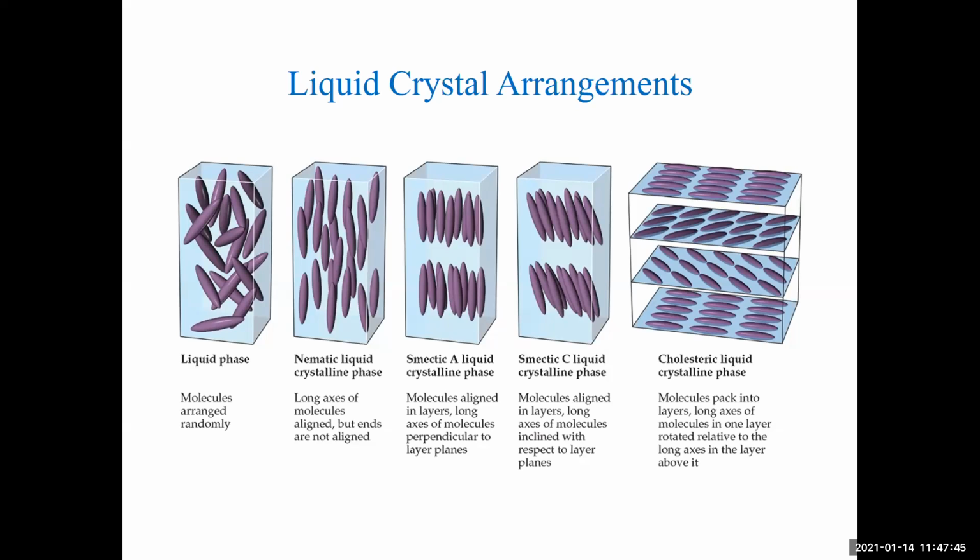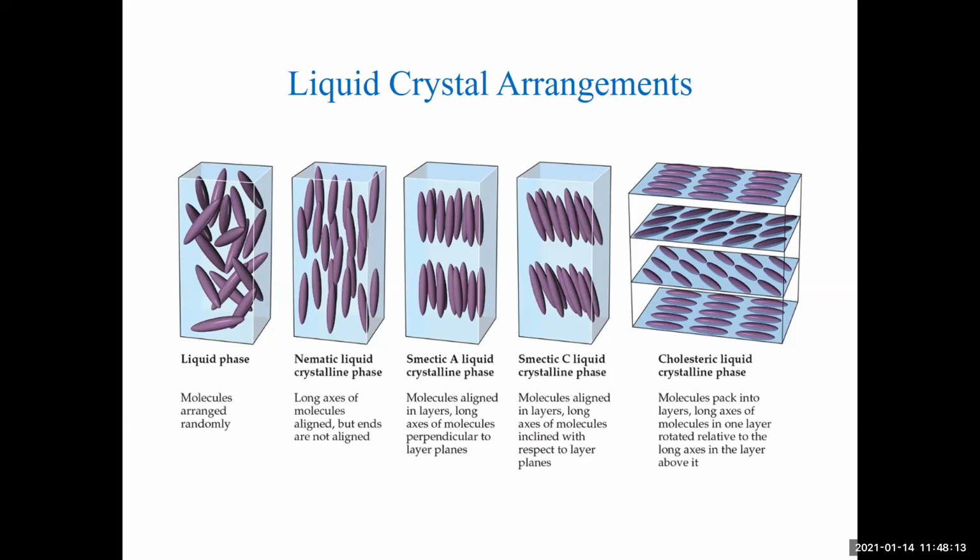Smectic C has vertical, long axis alignment, and then we have layers, except now they're tilted a little bit. You see how they're all tilted the same way. It's not randomness, it's order. And then finally, in the cholesteric, we've got a lot going on. We've got different layers, and within those layers, we've got a certain amount of order to each.